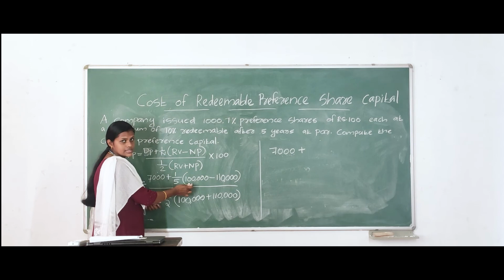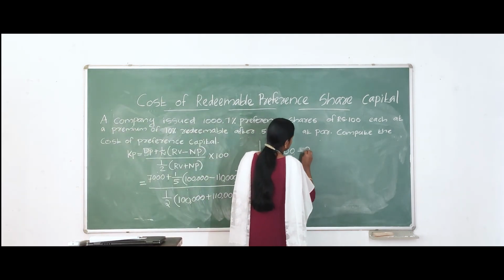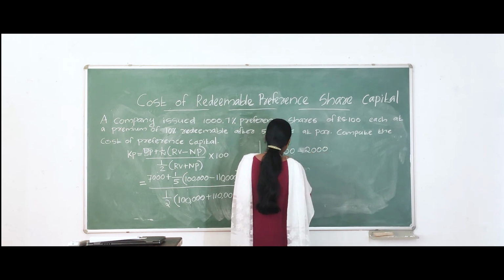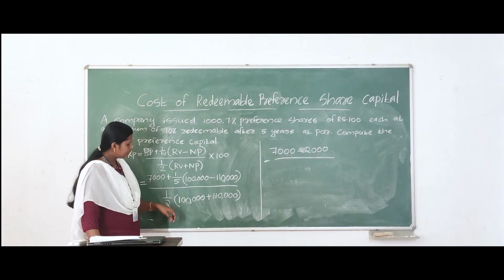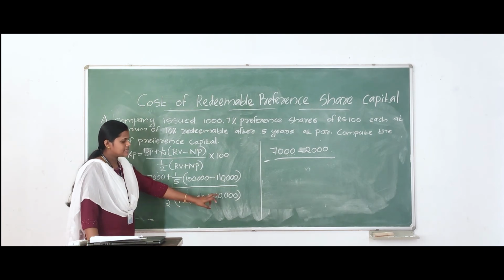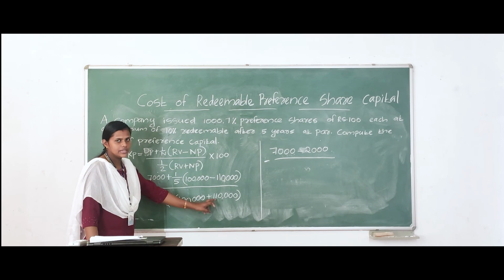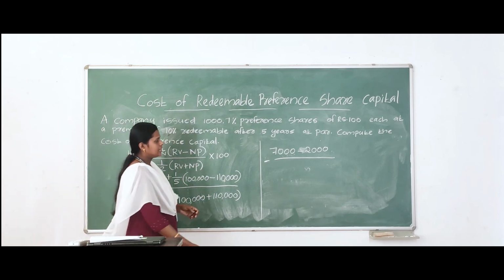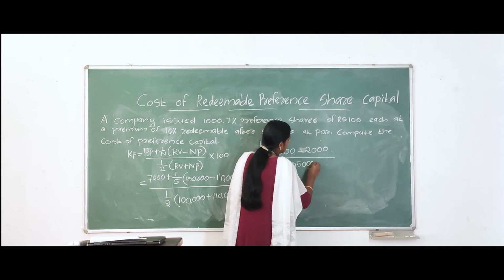So minus 2,000, divided by 1 by 2 of 1 lakh plus 1,10,000, that is 2,10,000 divided by 2, that is 1,05,000.